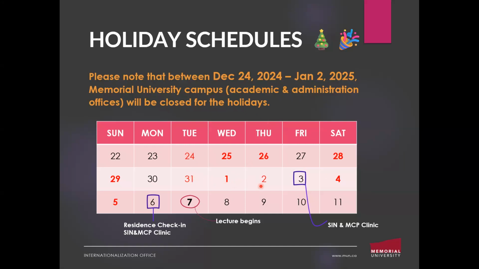And in Memorial University's case, January 2nd is also a holiday. So that means most places will be closed in the city and it will practically feel empty. Even grocery stores will be closed on the bank holidays, statutory holidays, which means it might be hard to get essentials you need in the city.